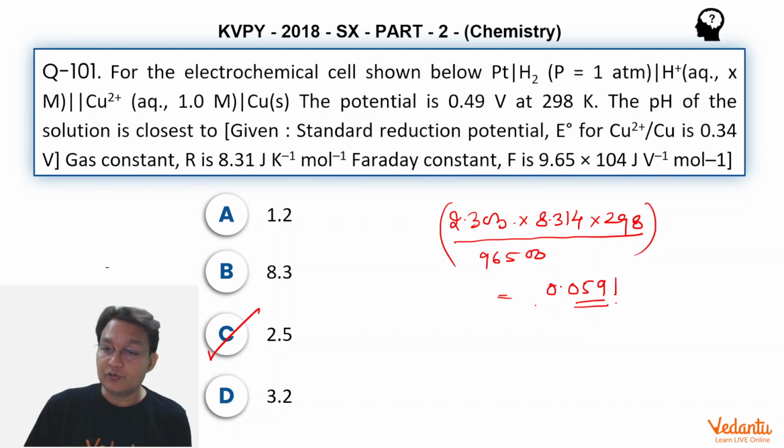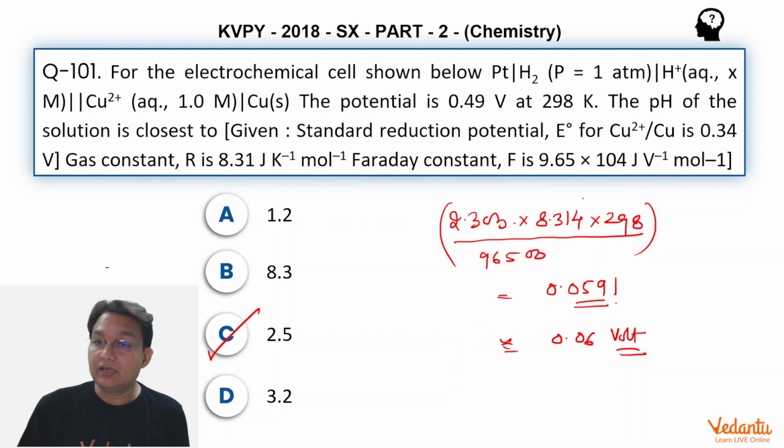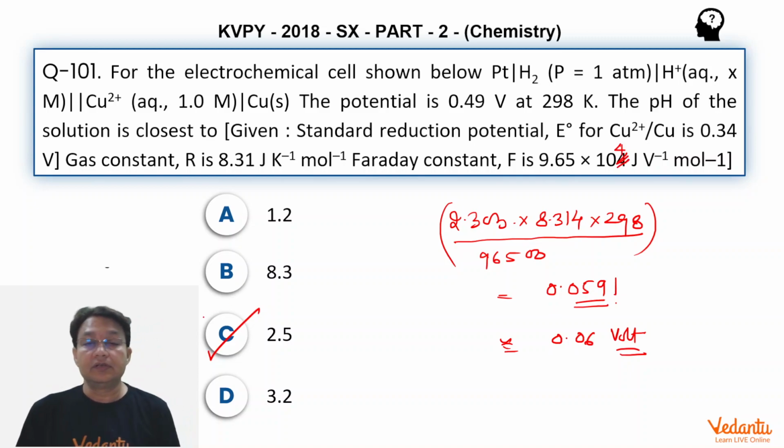This value has been used here and we have taken it approximately equal to 0.06 volt. There is a slight correction here, 10 raised to the power 4.